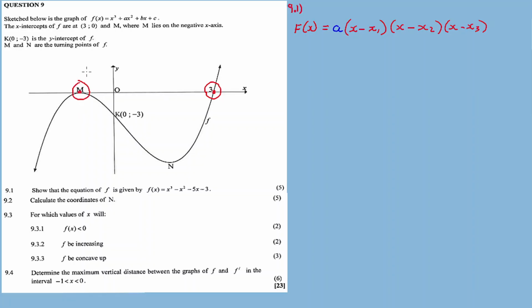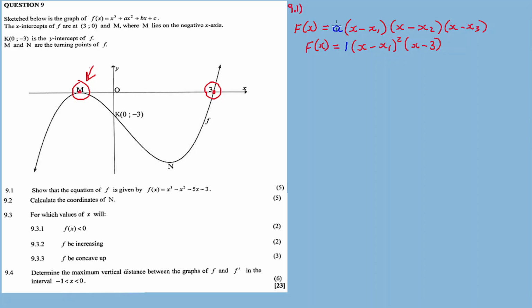But guess what, x intercept m coexists with the turning point bani m. So therefore it means this general equation for finding equation of a cubic, we can write it as f of x.